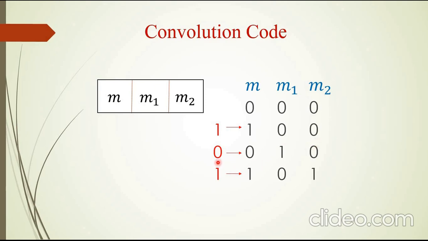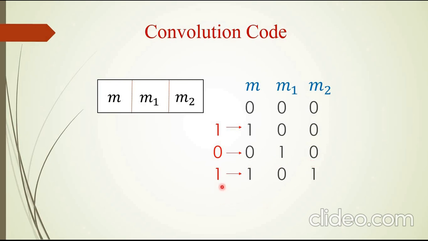And if I send the next bit, that is 0, then this 1 bit will shift here and 0 will shift here, and the 0 which is over here will get discarded. After that the state will become 0, 1, 0.